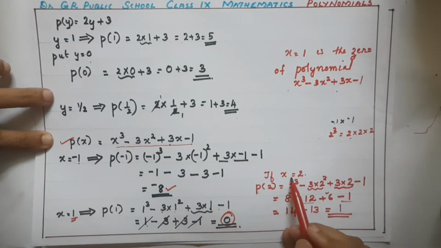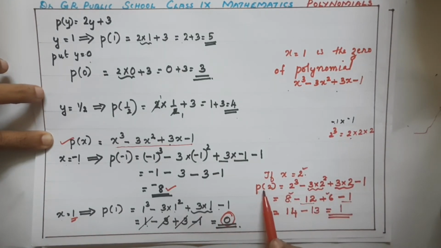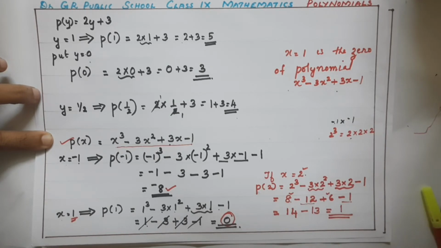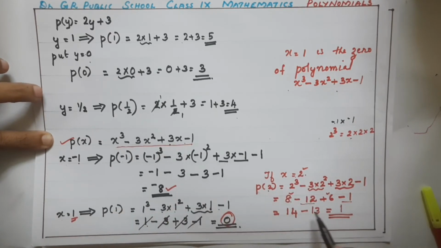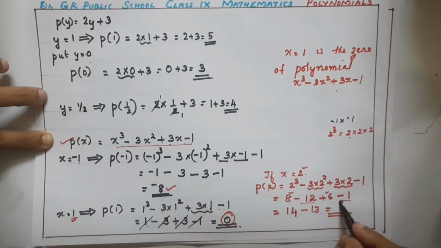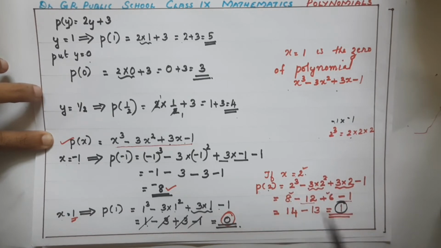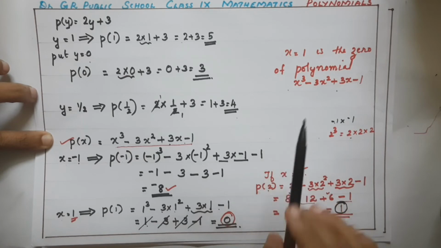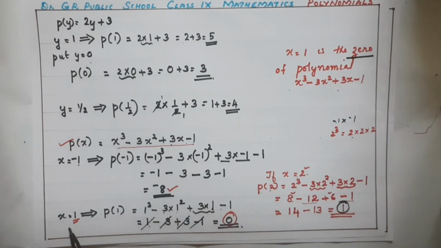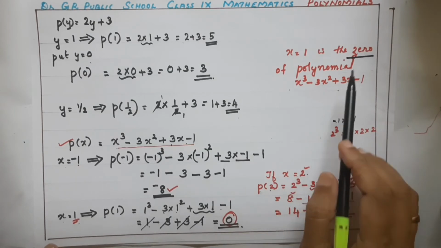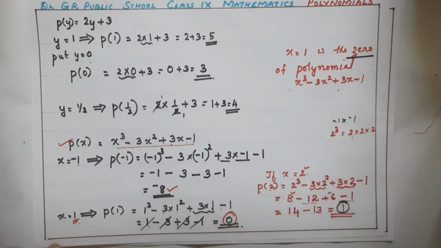Can we call this x equal to 2 a zero of the polynomial? No. Why? When we put x equal to 2 in this polynomial, we got the polynomial value as 1. If we are getting the polynomial value as 0, we can call it a zero of the polynomial. So here x equal to 1 is one of the zeros of this given polynomial.